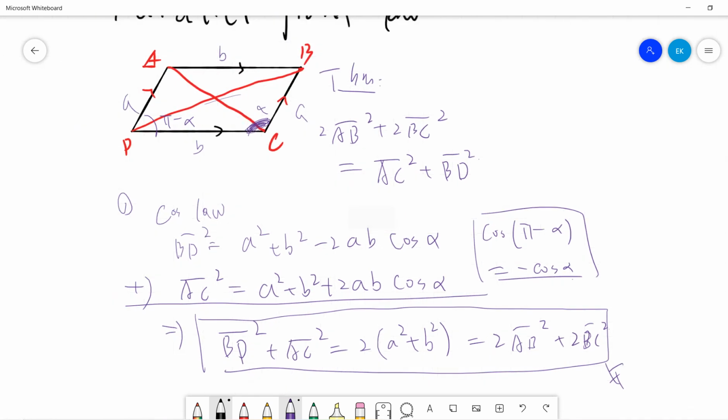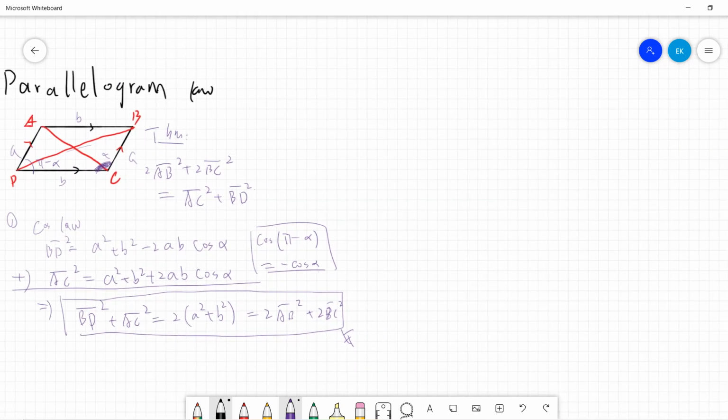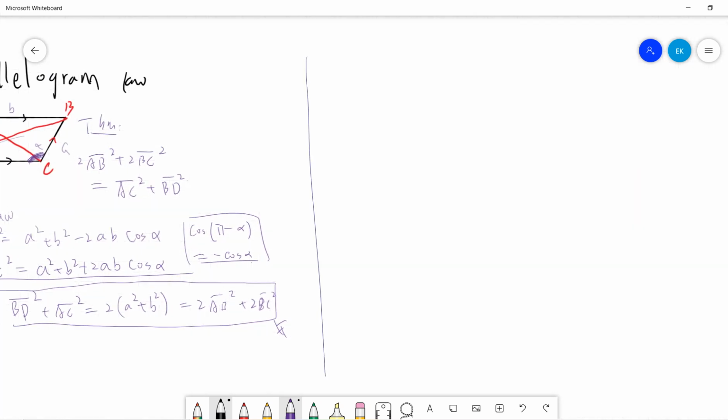This is the usual planar geometry, and we can generalize it into linear algebra, the inner product space. Suppose you have a vector space V, and there's an inner product. Everybody knows what an inner product is.